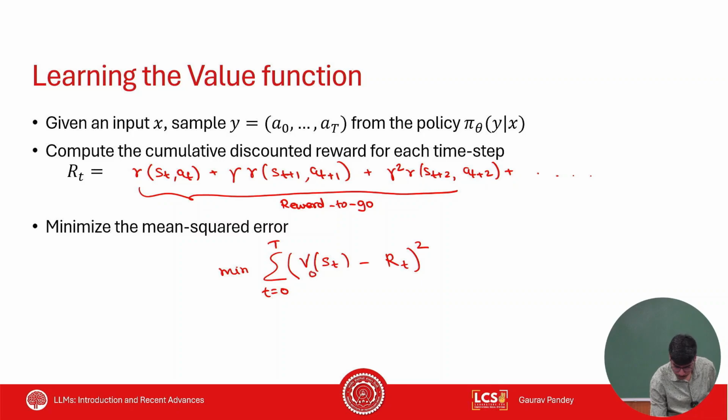Let me put a phi over here so that we know that the value function is parameterized by phi. You do it over an entire batch, and that will give you the value function.